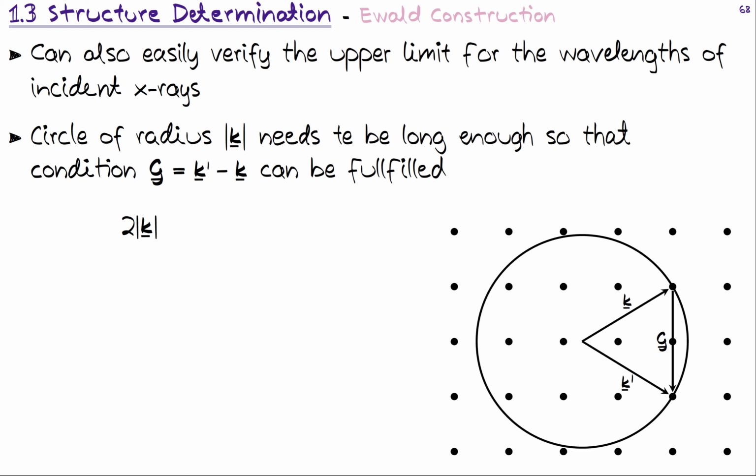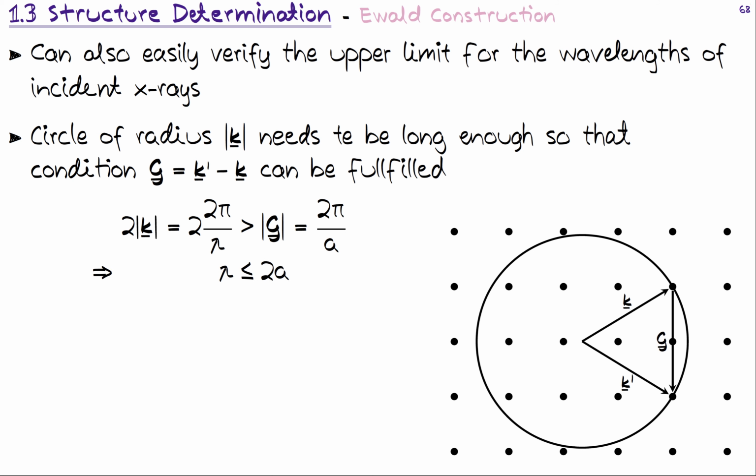So 2k, which is 2 times 2 pi over lambda, that's the definition of k, must be longer than the modulus of a reciprocal lattice vector, which equals 2 pi over a in the 1D case.